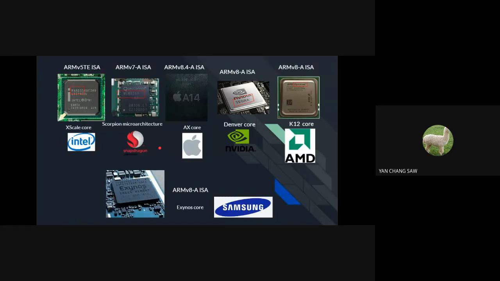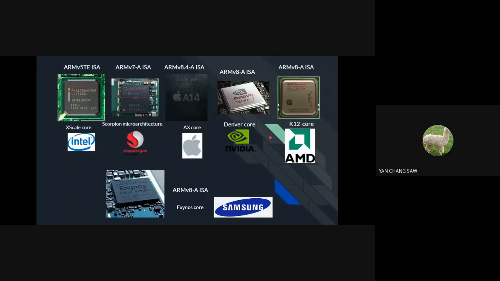Next is the AX core family designed by Apple, which mostly, but not all, implements the ARM architecture version 8 instruction sets. Besides that, the Tegra model T132, aka Tegra K1, designed by NVIDIA, also implements the ARM architecture version 8 instruction sets.